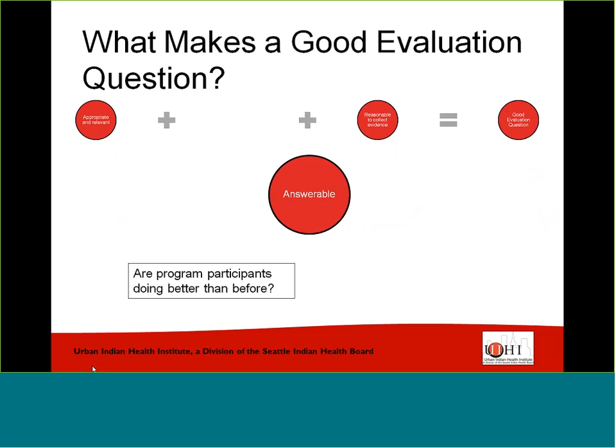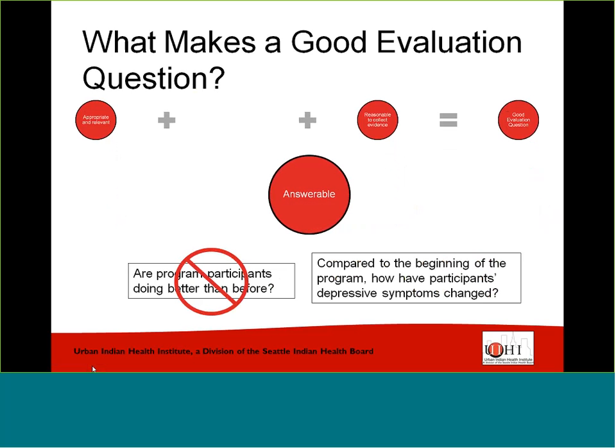This question could be interpreted as, are participants earning more money or having fewer run-ins with the law? The question must also indicate some observable, tangible evidence that can be realistically obtained. So this question can be rewritten to state, compared to the beginning of the program, how have participants' depressive symptoms changed? This question is still related to an improvement, but indicates a specific aspect of doing better that can be measured.